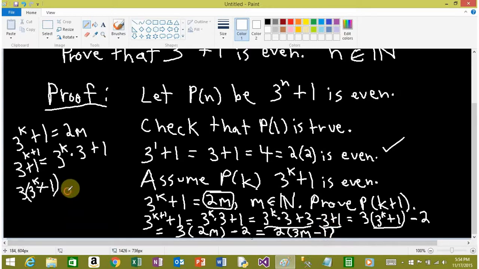And so since we found that this is equal to 2 times 3m minus 1, we know that since m is a natural number, that 3m minus 1 also is a natural number. So 2 times any natural number is going to give you even. So we know that this is even.